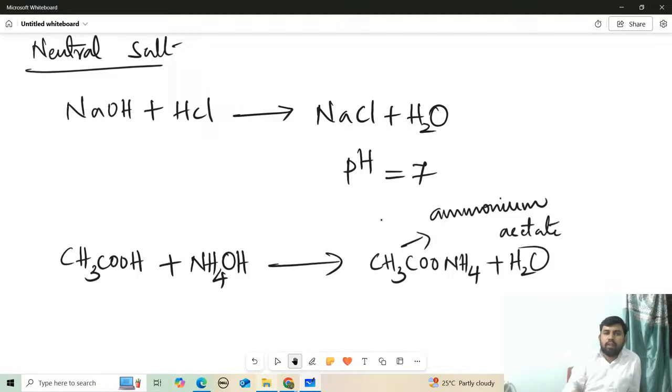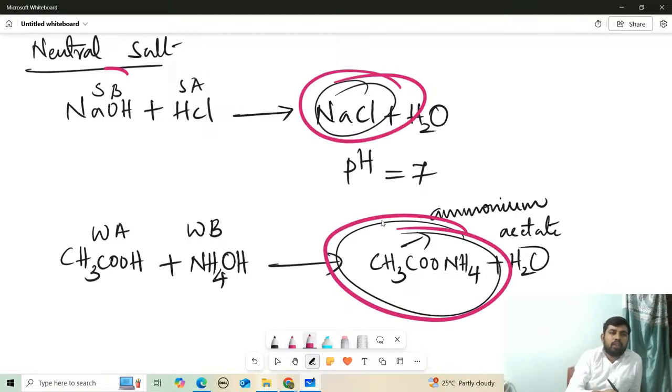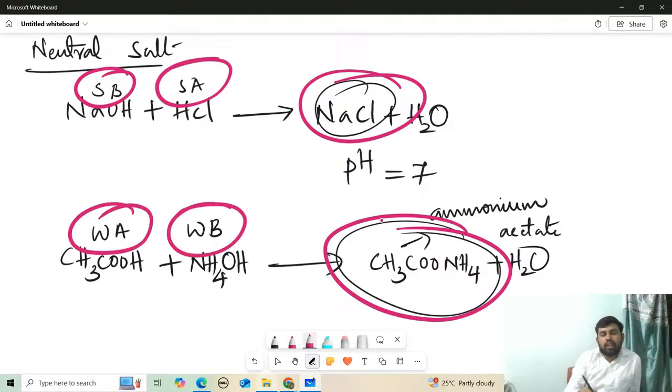So this is about different types of salts. This is a strong base, this is a strong acid, this is a weak acid, this is a weak base. In both cases, the salt will be a neutral salt. Whether we take a strong base and strong acid, or a weak acid and weak base, in both cases we are going to get neutral salts.